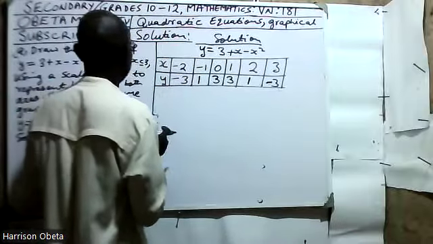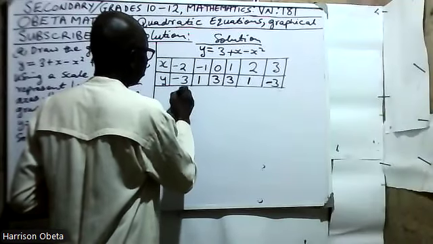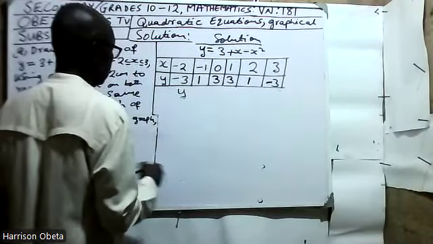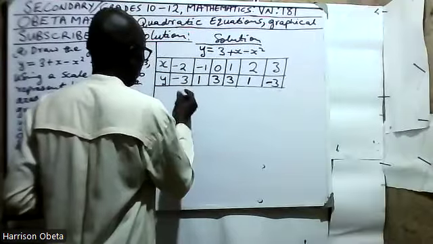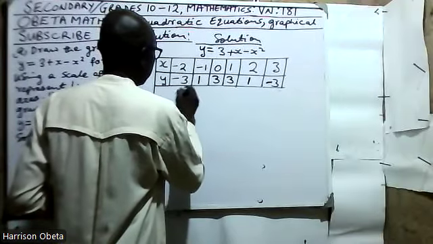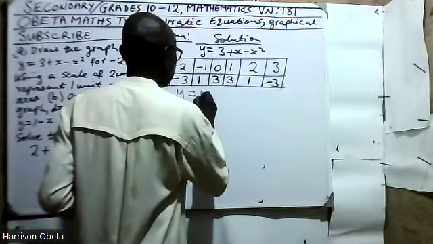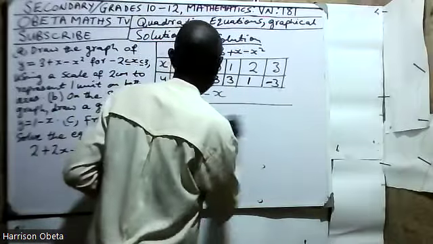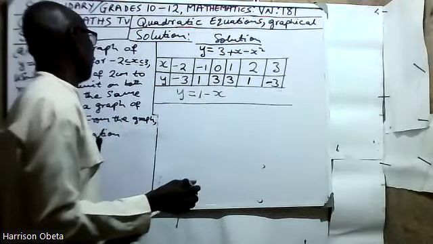So we are now having the graph of y equals 1 minus x. As I said earlier, we may not take all the values.